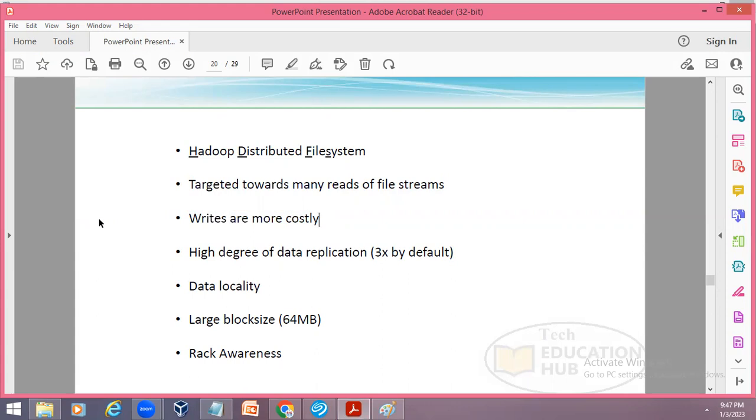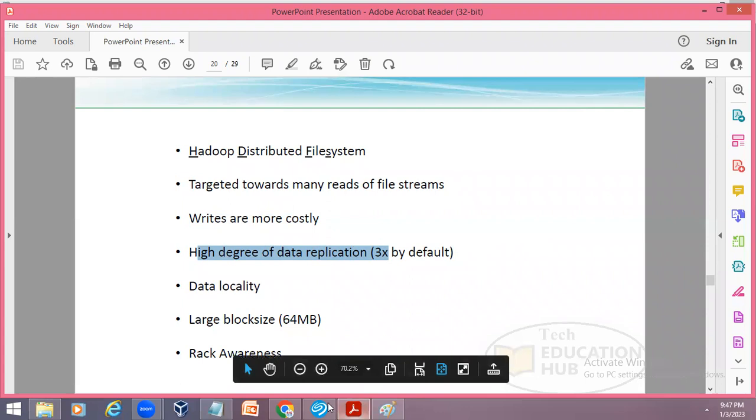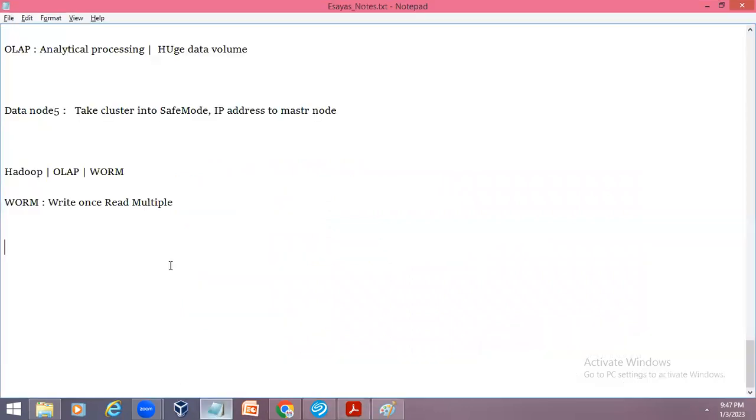Hadoop is an OLAP system. Now, the next is a high degree of data replication, 3 by default. So what is data replication? Any idea about this? Data replication is for disaster prevention purposes.